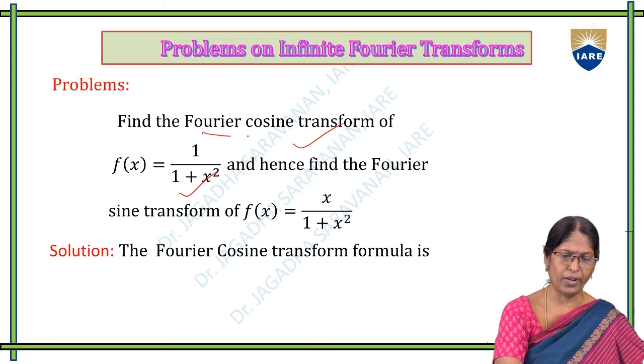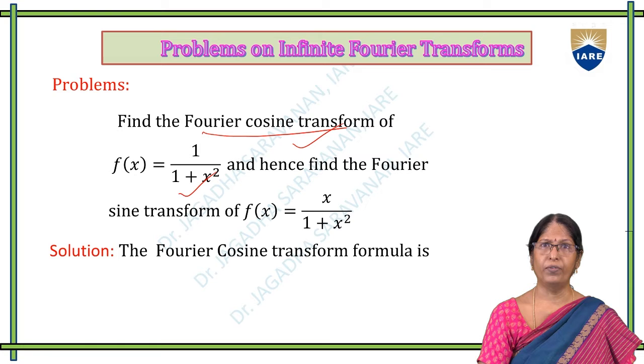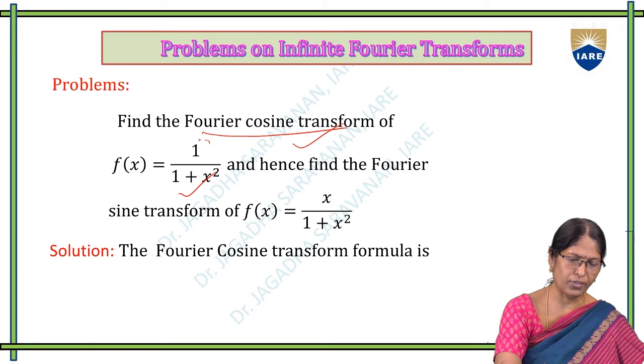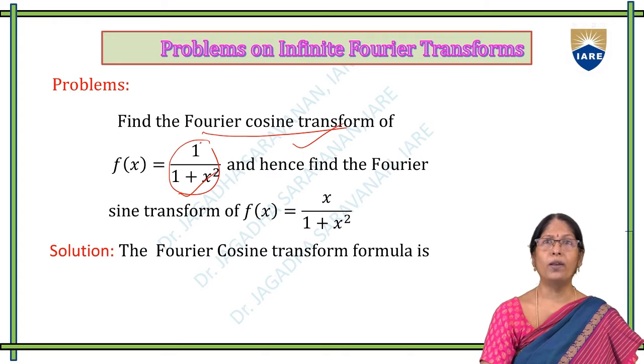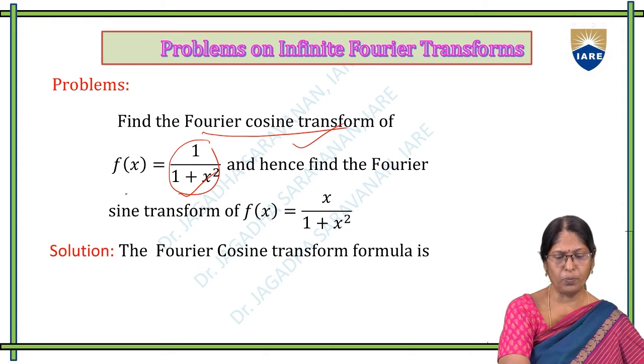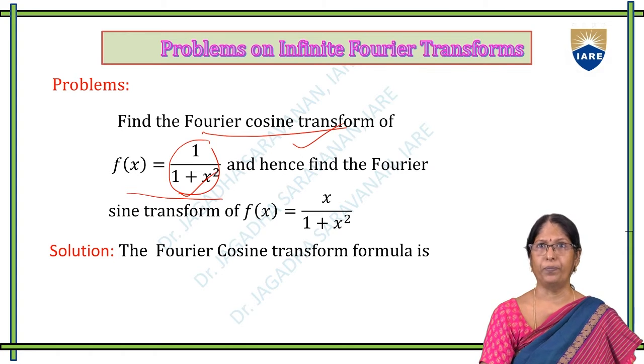So the first one is the Fourier cosine transform of f of x equal to 1 by 1 plus x square. First we will concentrate on this first part for the solution.